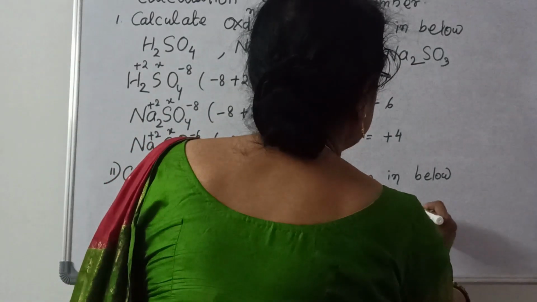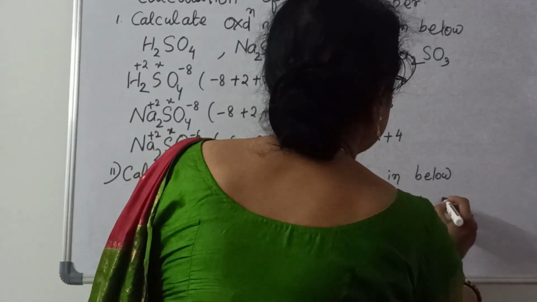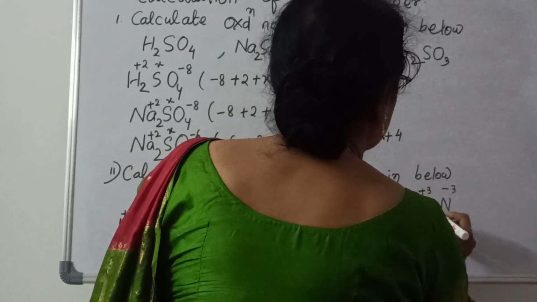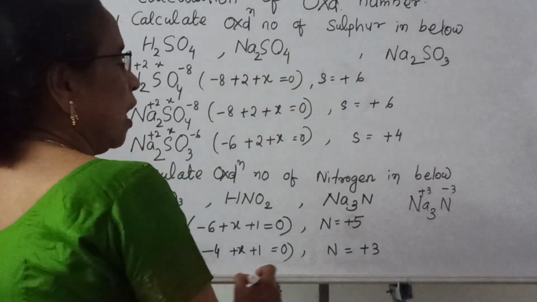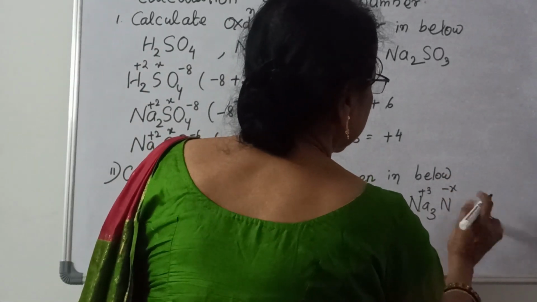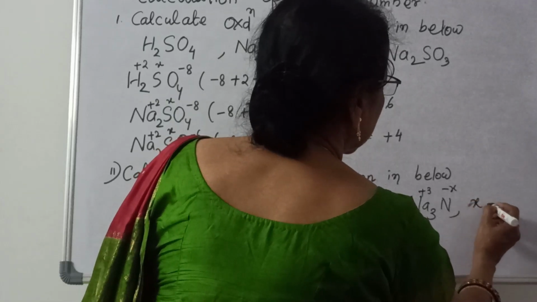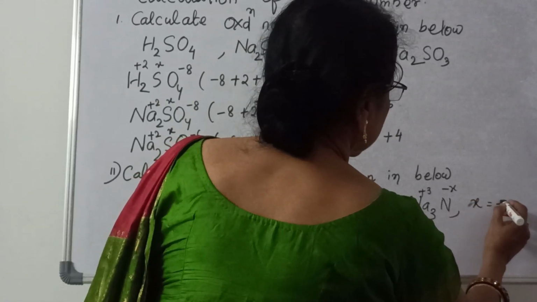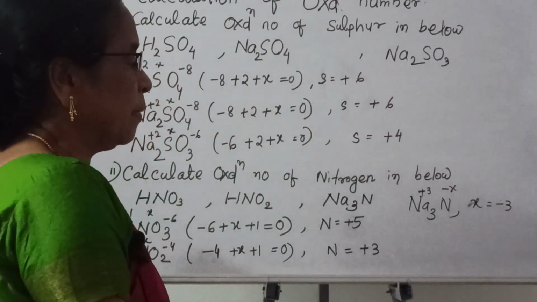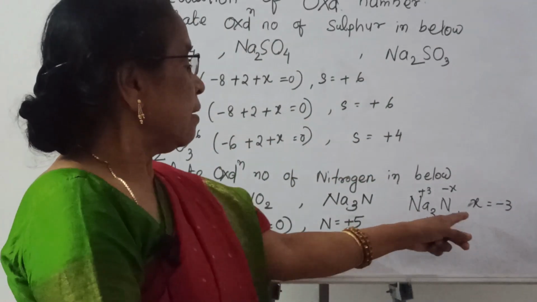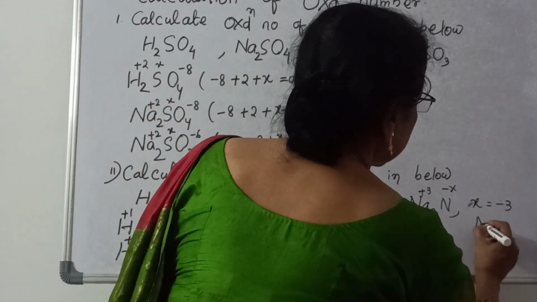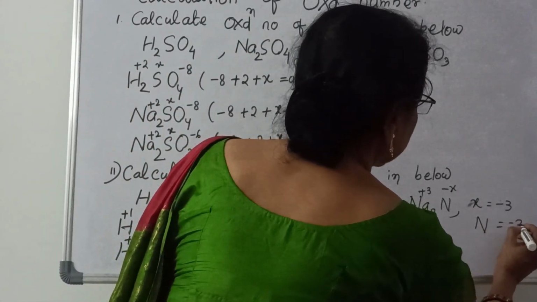Similarly, Na3N. Here it is minus 3, it is plus 3. So automatically you can say it is x. First you write x, then what is the value here? The value is x equal to minus 3. That means here nitride is x equal to minus 3, and that means the nitrogen oxidation number is minus 3.